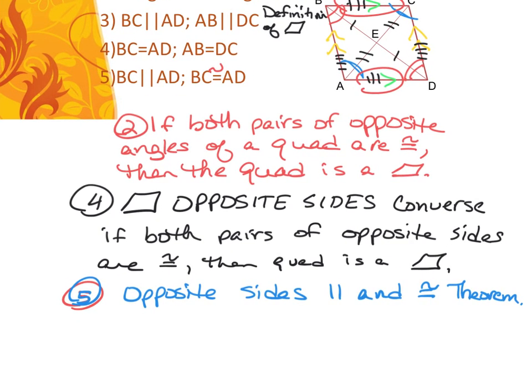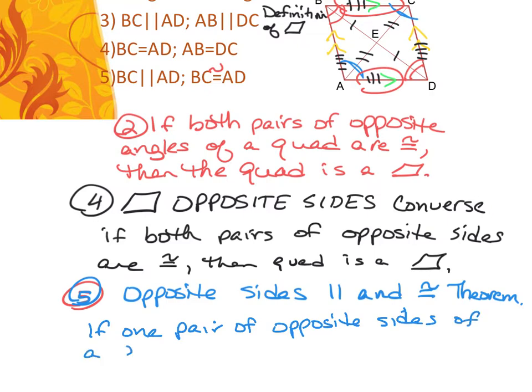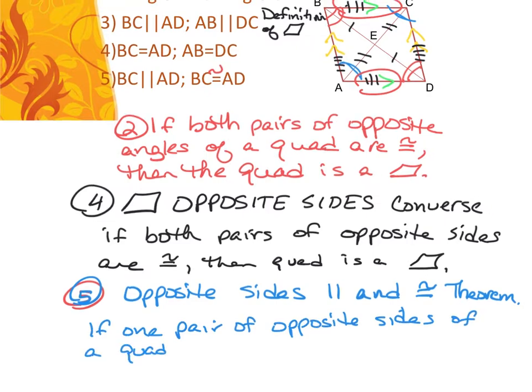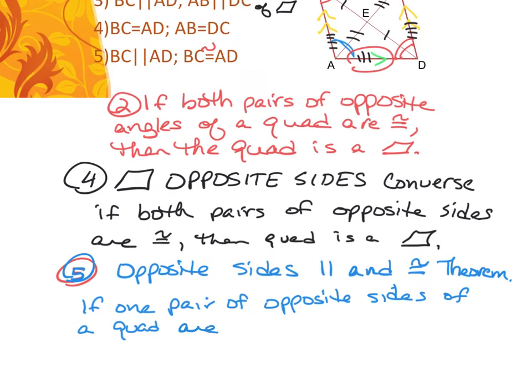And what this one states is that if one pair of opposite sides of a quadrilateral are both congruent and parallel, then the quadrilateral is a parallelogram.